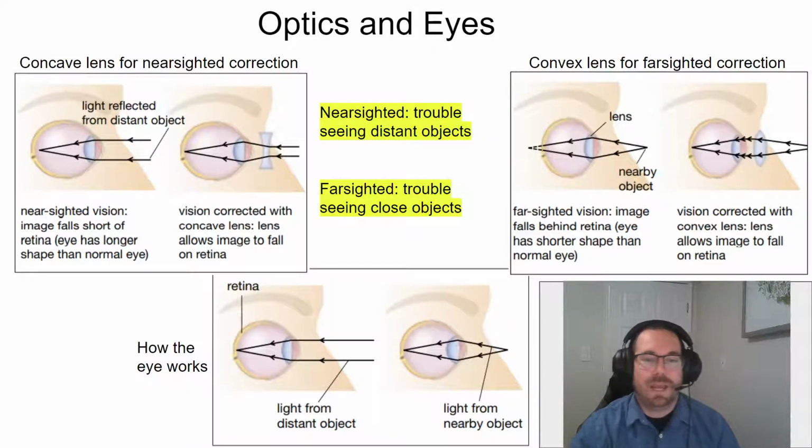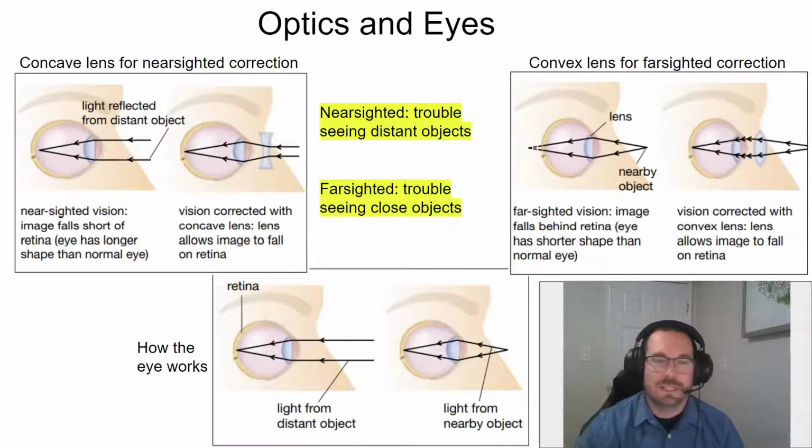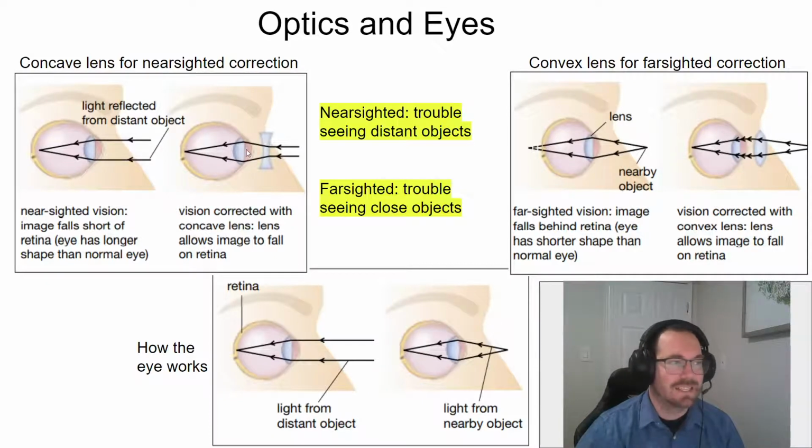Knowledge of how light behaves when it travels through lenses helps eye specialists to correct vision problems. So if we take a look at these two images that we have, the first picture in each of them shows what normally happens to someone who is either nearsighted, the image on the left, or farsighted, the image on the right. However, we are able to create convex lenses.